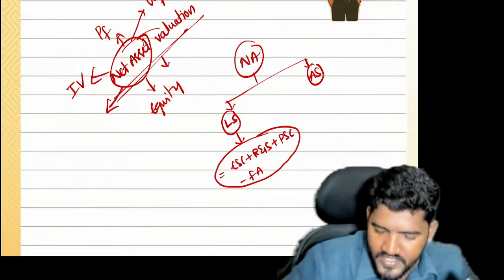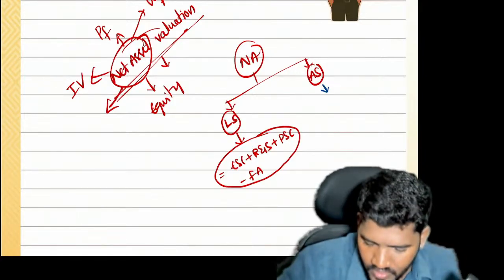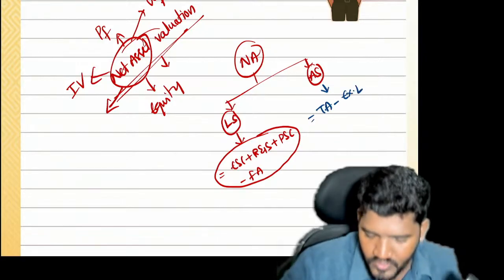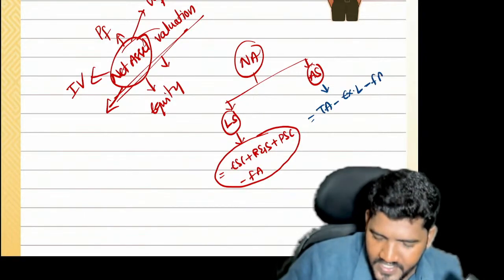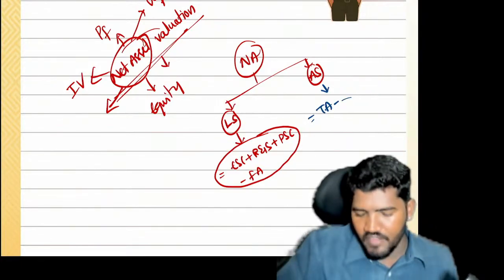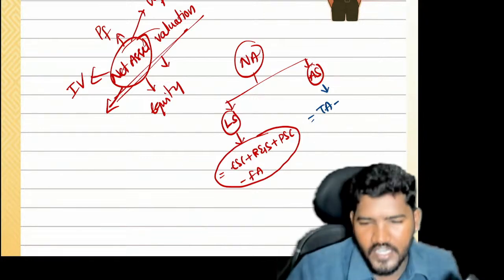When it comes to the asset side calculation: total assets minus external liability, minus fictitious assets, if any. Total assets means we are taking the closing value, right? That value includes fictitious assets. If not included, ignore.